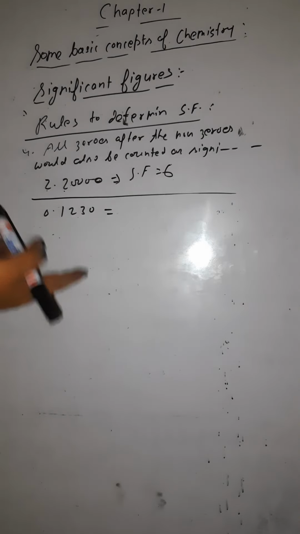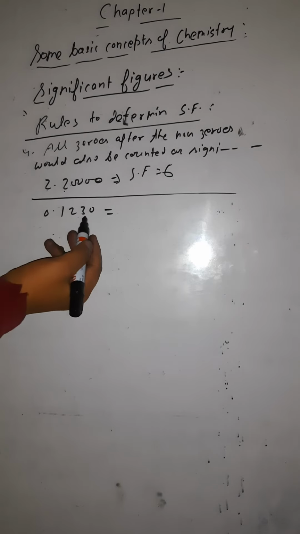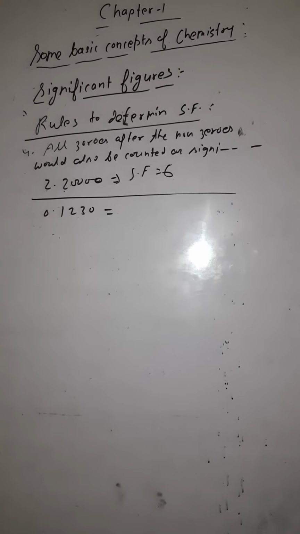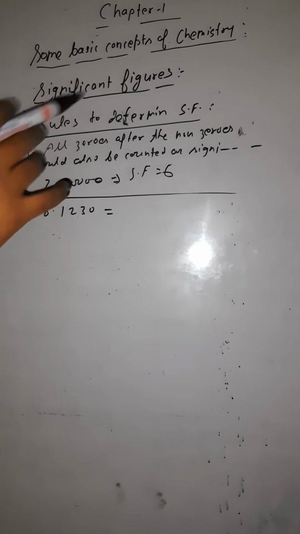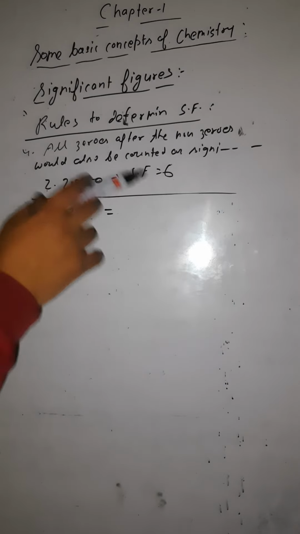We have already the rule there, that all zeros before the non-zeros would not be counted as significant, but the zeros after the non-zero, 3 is non-zero, would be counted.